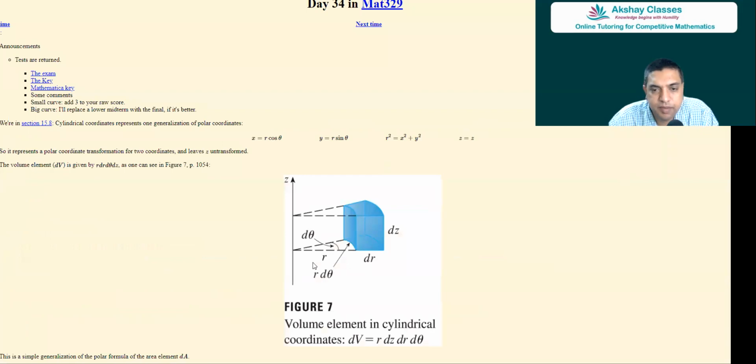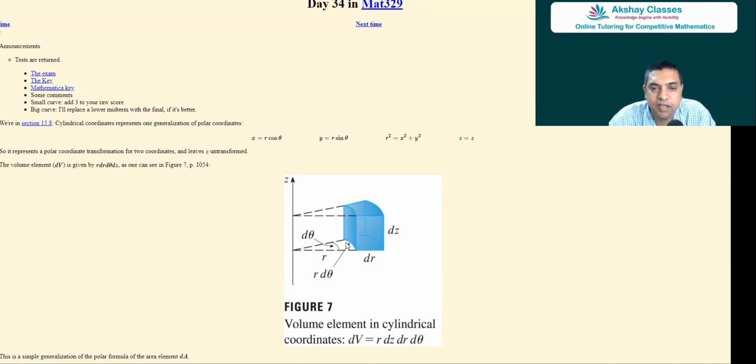So this is a volume element. This is r d theta. This is the d theta angle. This length is r d theta, then dr, dz. This will be a volume element. So the base will be r d theta as one side, multiplied by dr, multiplied by dz. When d theta, dr, dz are so small, they can be considered just like a cuboid.